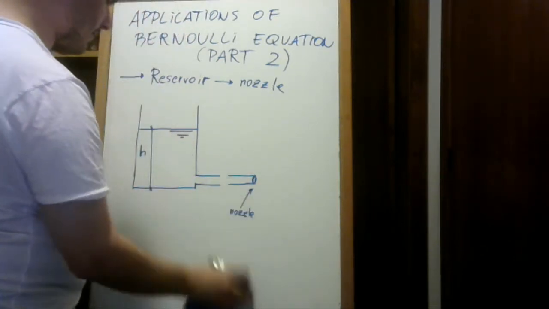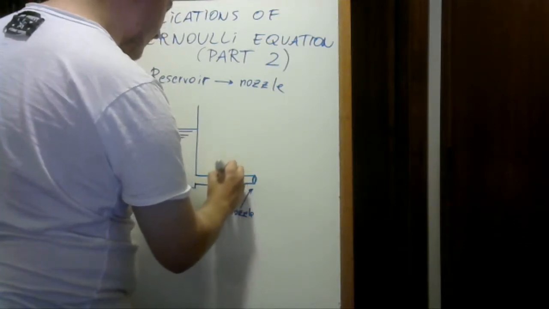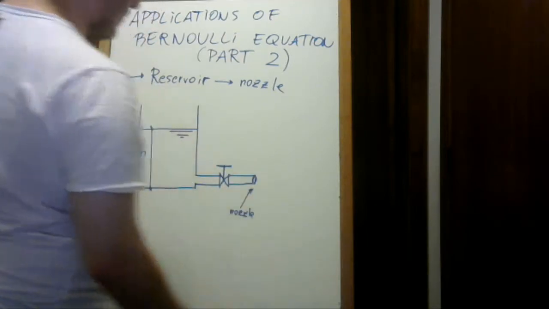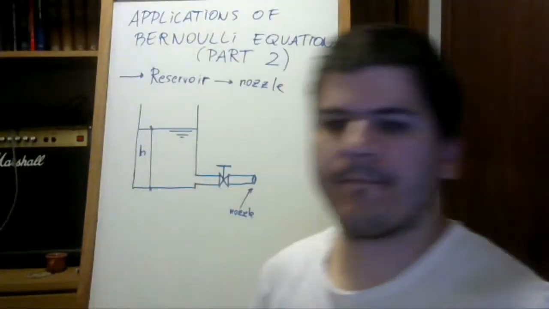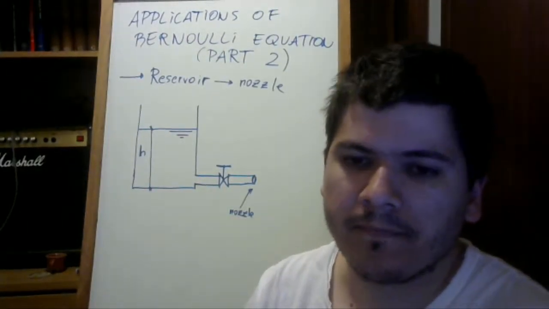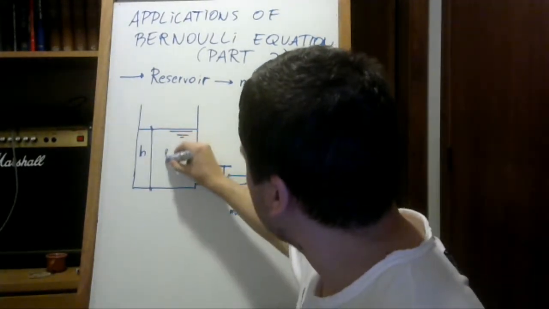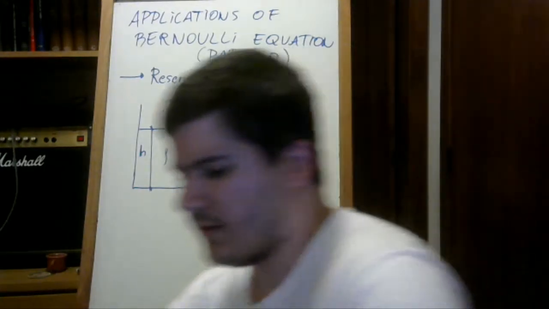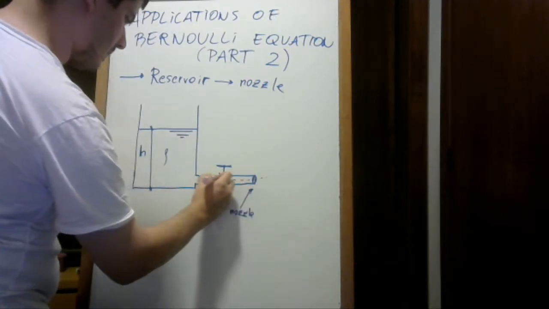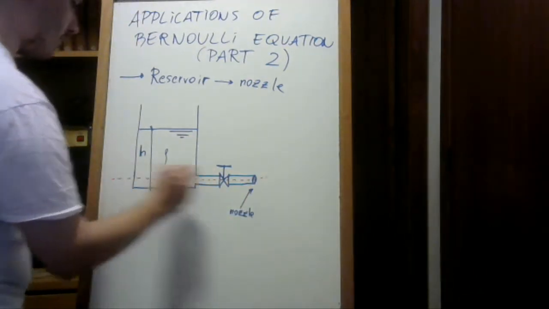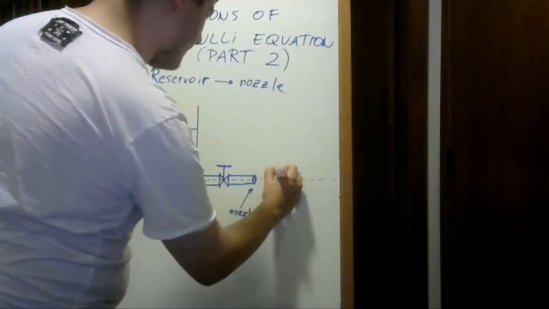Of course, we need some valve to get this flow here. It is full of fluid of a certain density, and here we have our height of reference.